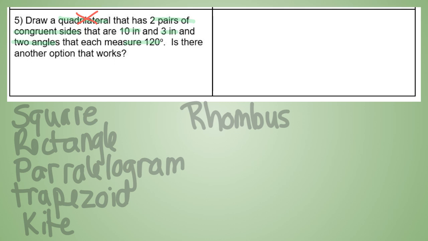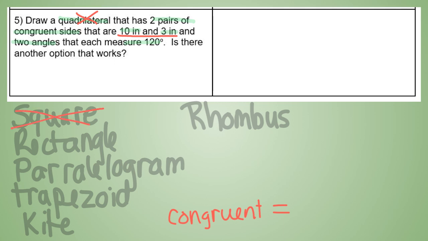So let's keep going with these restrictions. It says we need 2 pairs of congruent sides, and congruent, let me write this down here. Congruent means they are equal. So we have 2 pairs of equal sides. Well, a square technically has that, except they're going to be different. 2 are going to be 10 inches and 2 are going to be 3.